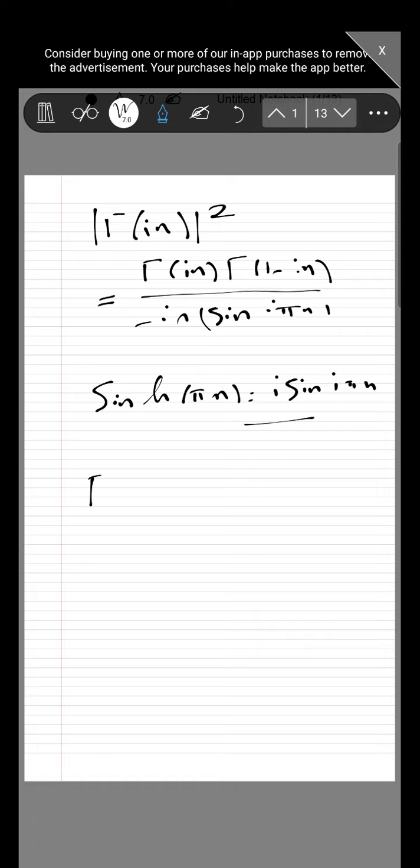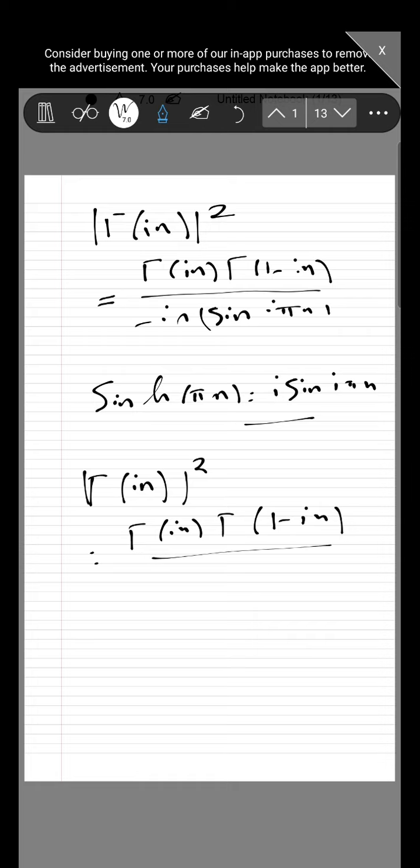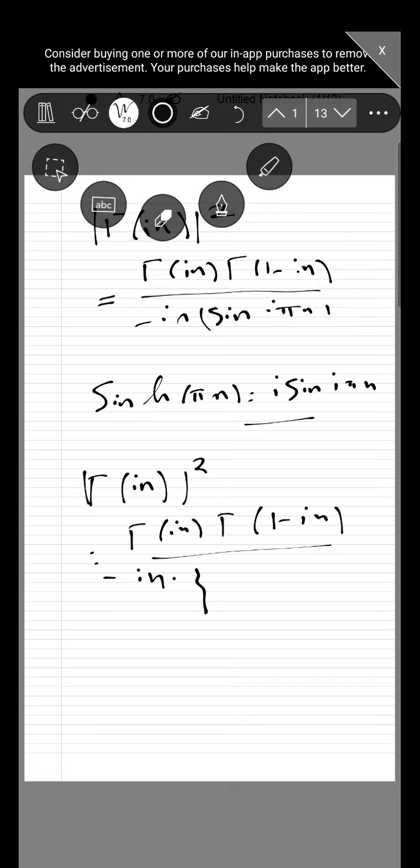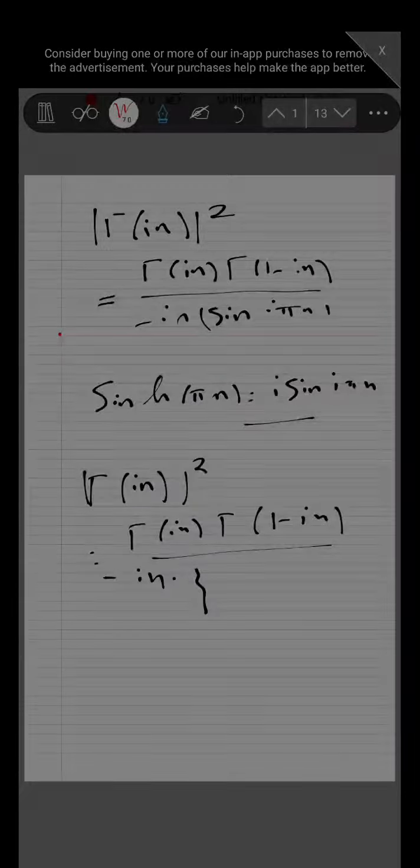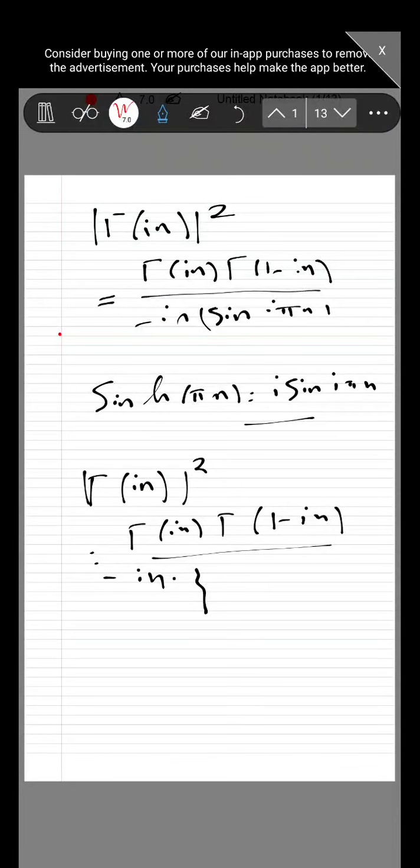So Γ(in) whole squared is equal to now Γ(in) into Γ(1-in) divided by in, and we replace it with this expression, sinh(πn) divided by i.